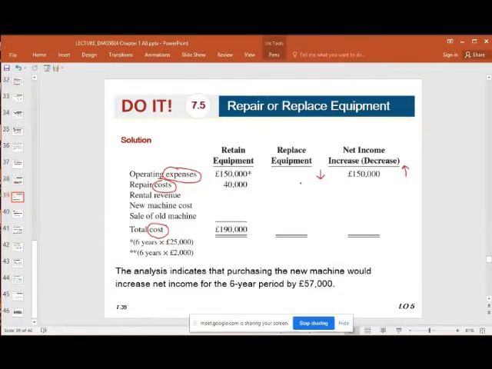But if you replace, zero. If you buy a new machine, you don't need to repair your old machine. So 40 to 0, expenses reduce, net income increase. So you have a positive figure of 40,000.